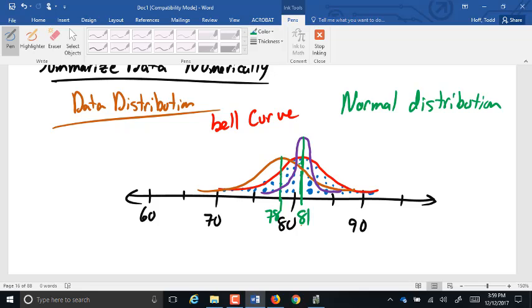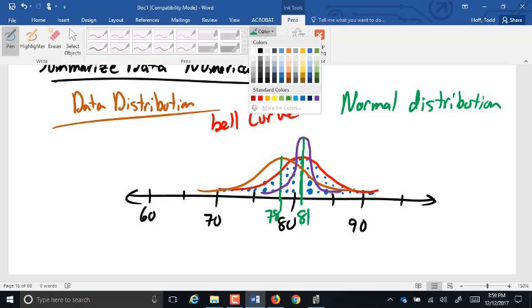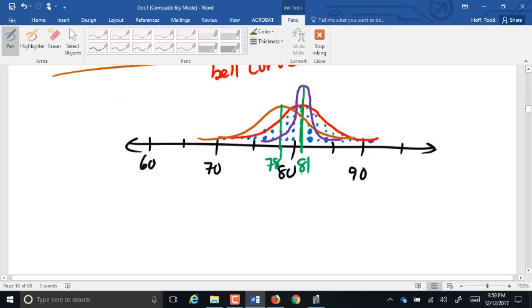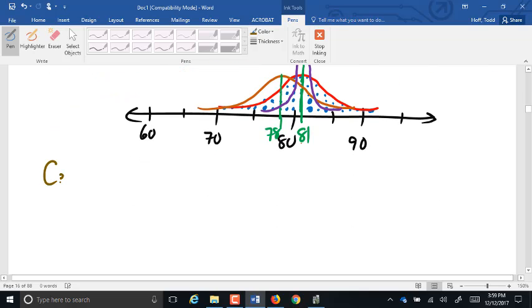Well, the purple curve is narrower, thinner, however you want to describe it, right? That is less spread out. So the two things that we use to summarize these curves are the center and the spread.